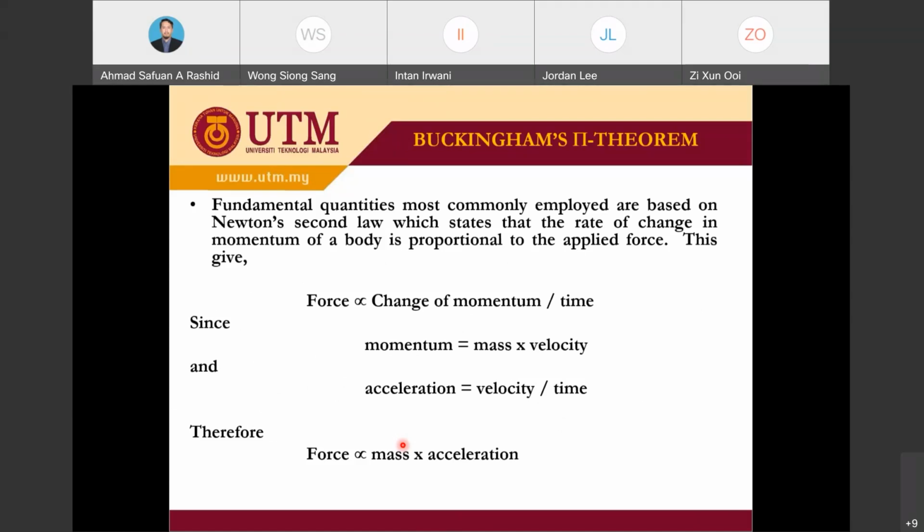Momentum equals mass times velocity, and acceleration equals velocity over time. Therefore force equals mass times acceleration, F equals ma, based on Newton's second law.